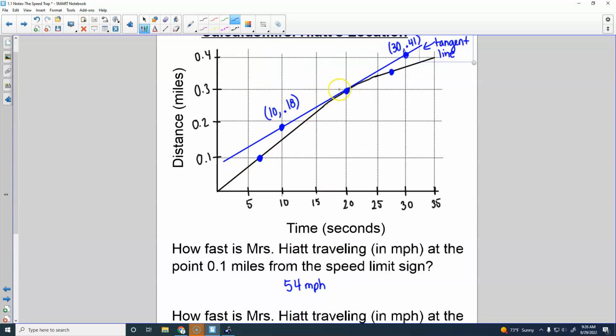this is that instantaneous speed. It's like that radar gun speed. That is a calculus problem. Now, as we go into calculus, if we have an equation for this, we will learn how to do this algebraically so we can get an exact answer instead of just a simple estimate. There's a lot of things that this tangent line stuff is going to show up with that we're going to have to do.